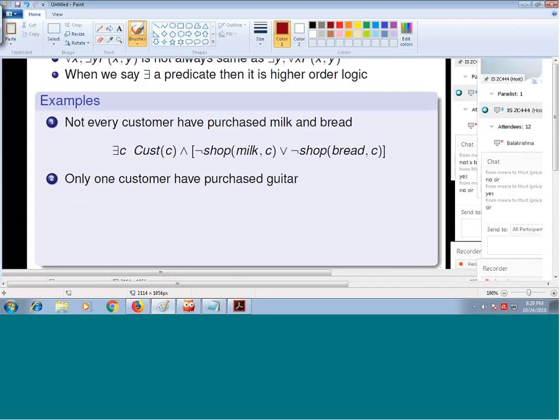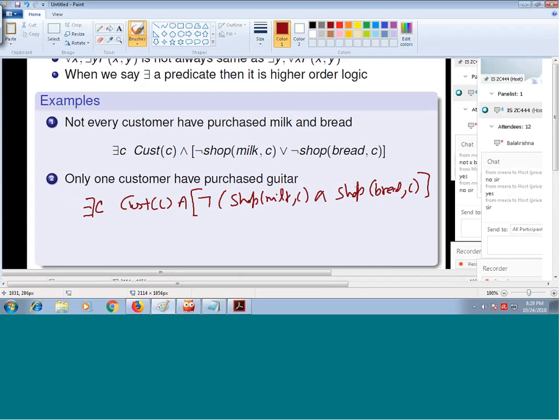There exists a customer C such that C is a customer, and I am putting a not on shop for milk and shop for bread, and C. Can you see this?